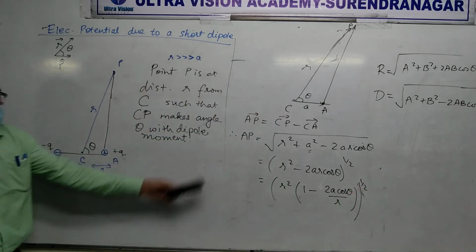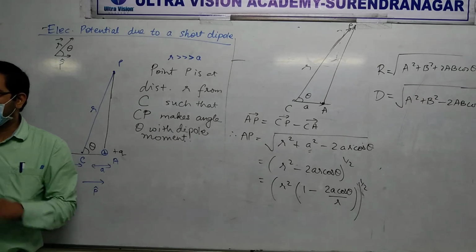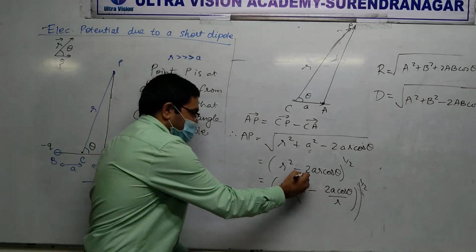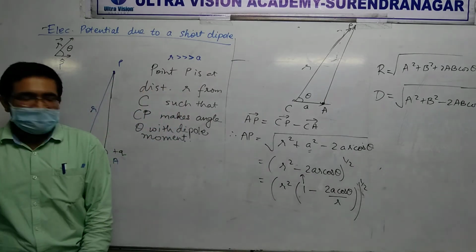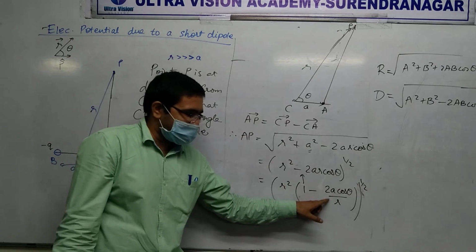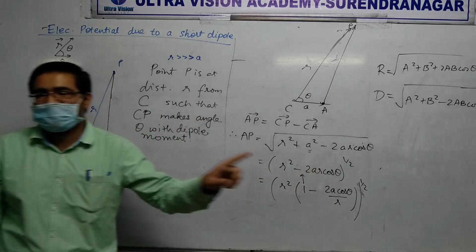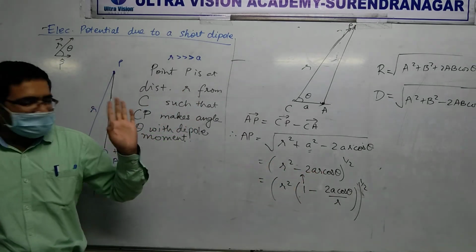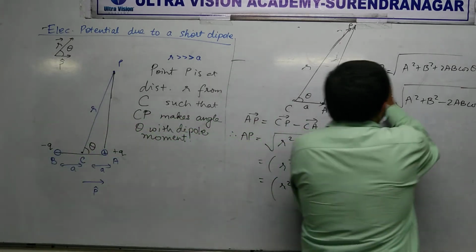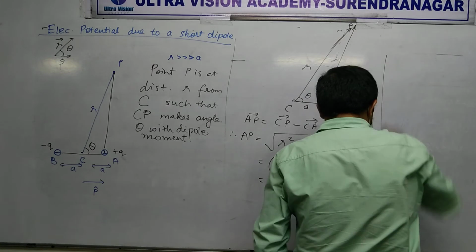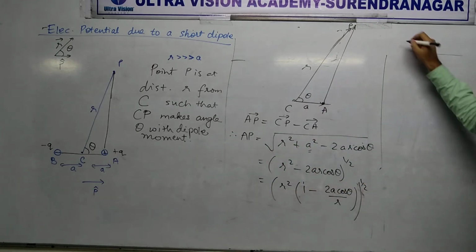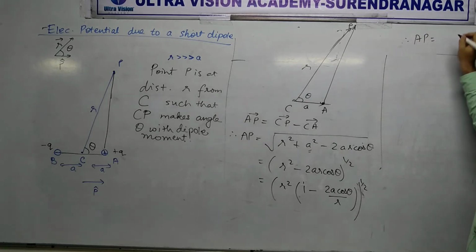If there is confusion, try to go in reverse: multiply r square inside, r square into 1 is r square, r square multiplied here, one r will get cancelled, one r will remain, so 2ar cos theta. Now the next step is to apply the square root to r square. Therefore, AP is equal to r.